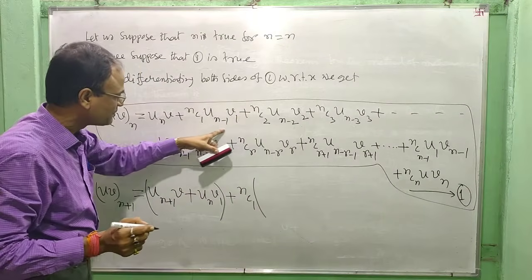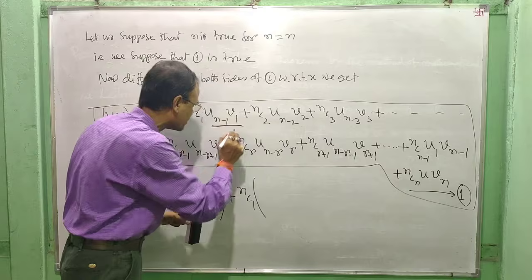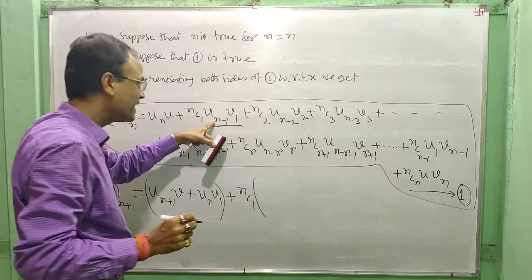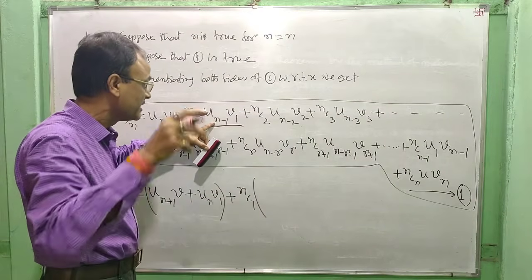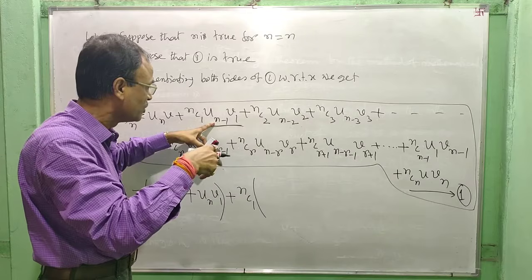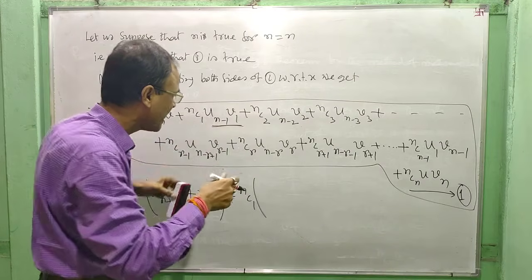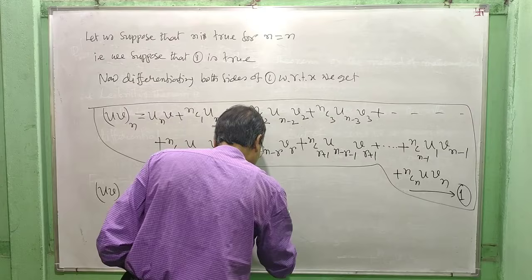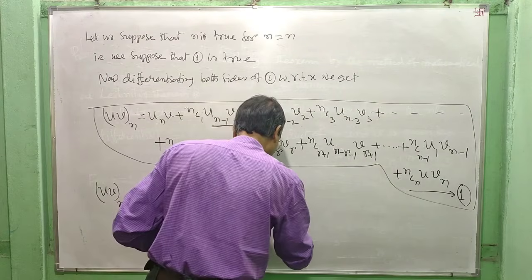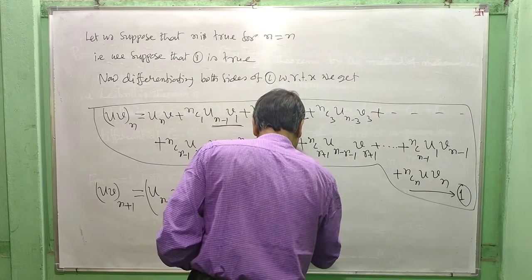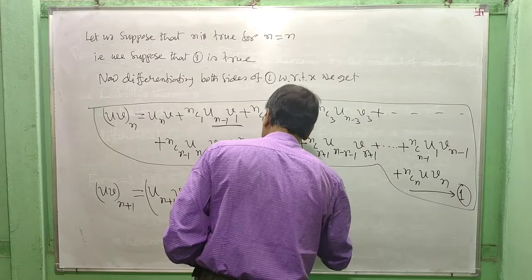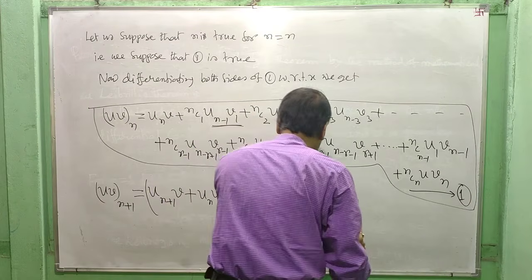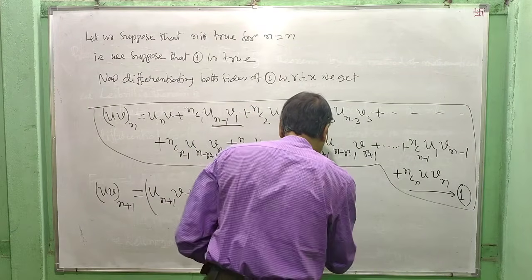Then differentiate the second term, this u^(n-1) term. If we differentiate it with respect to x, then we will get u^n v1 plus u^(n-1) v2.